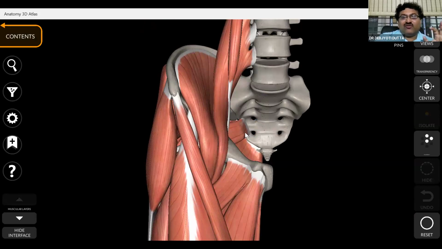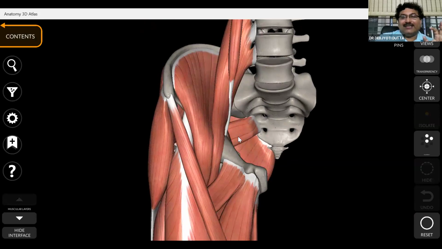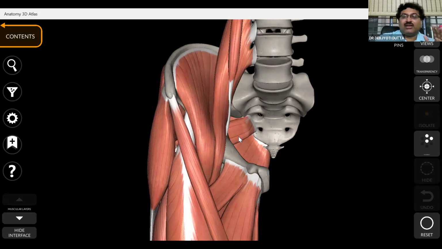So, we will first learn the anterior muscles. Remember, in the anterior portion, the most important are these two muscles, mainly the iliacus and the psoas. They are known as the iliopsoas muscle because they join together and attach at the same place.